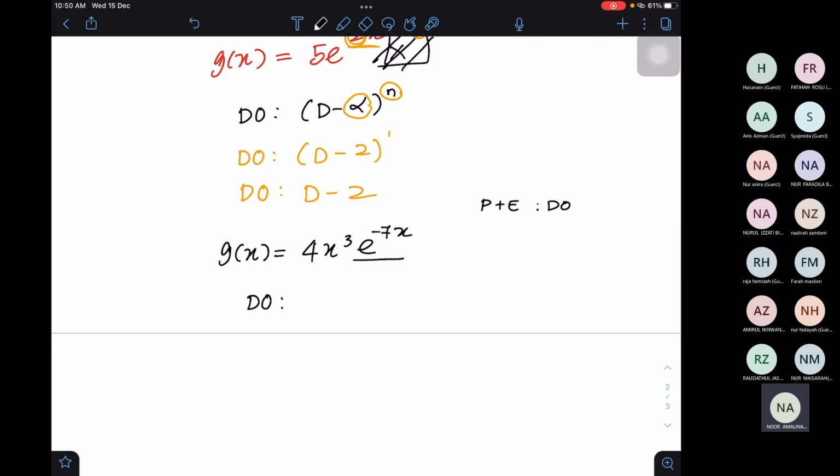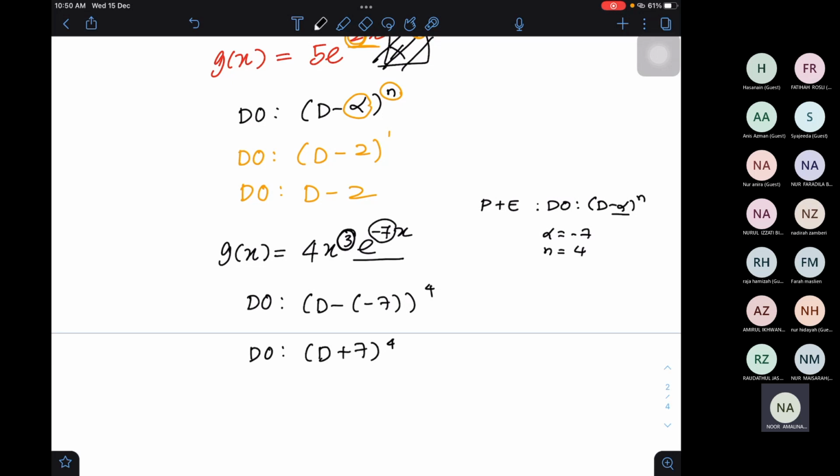Therefore, your differential operator is in the form of (D minus alpha) to the power of n. Alpha is the power of your exponent, so alpha is negative 7, and n is the power of your polynomial plus 1, so 3 plus 1 is equal to 4. Therefore, your differential operator is (D minus negative 7) to the power of 4, so it equals (D plus 7) to the power of 4.